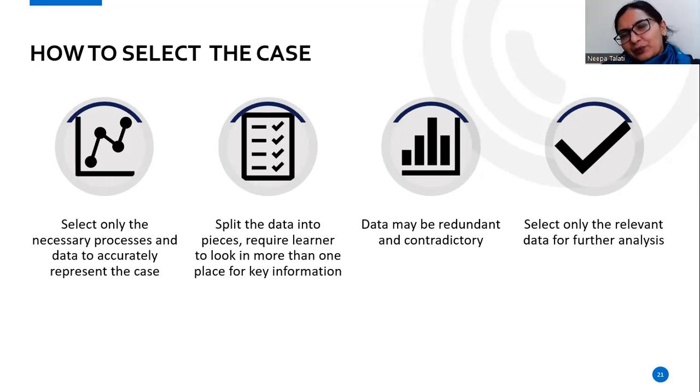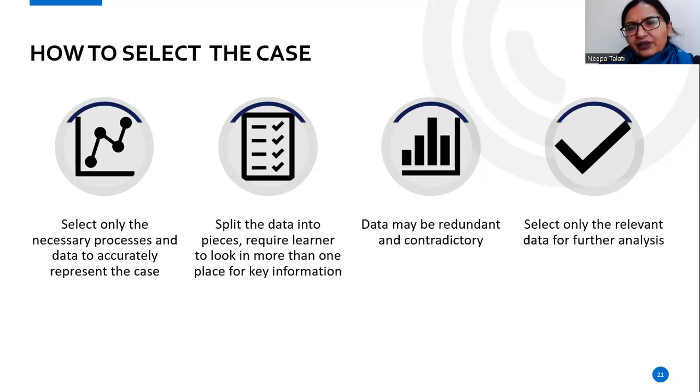Sometimes just for the learning process, we may use contradictory data, that how do you analyze this? How do you come to a conclusion? Because sometimes you will be generating conflicts to reinforce their conflict resolution. And even when it comes to further analysis, select only the relevant data, because most case presentations are going to be time bound.